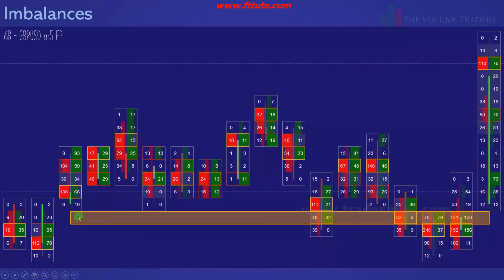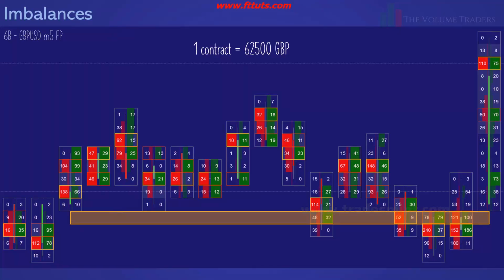But yeah, coming back to this particular one, imbalance 0.23. One contract of 6B is worth £62,500. So I found that if in some price level there is at least 15, not 50, 15 contracts on one side and 0 on another, it means almost £1 million traded on one side and no bid or offer on the other side.